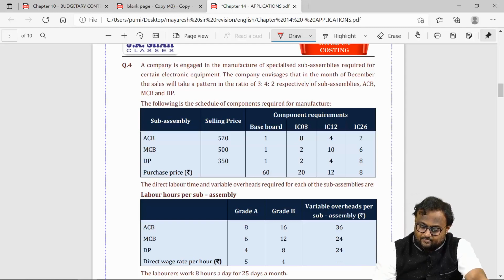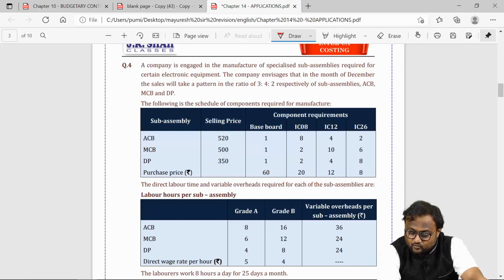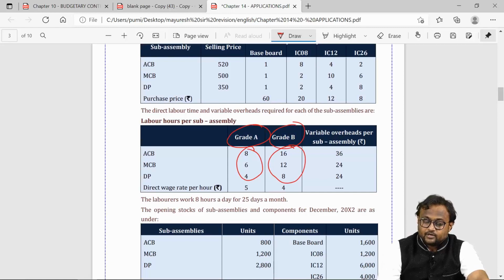We also had selling price available, and we were also given material prices. The direct labor time and variable overheads information was as follows. We had number of hours of 2 categories of workers, grade A, grade B. Number of hours, if you multiplied by the rate, you get labor cost.